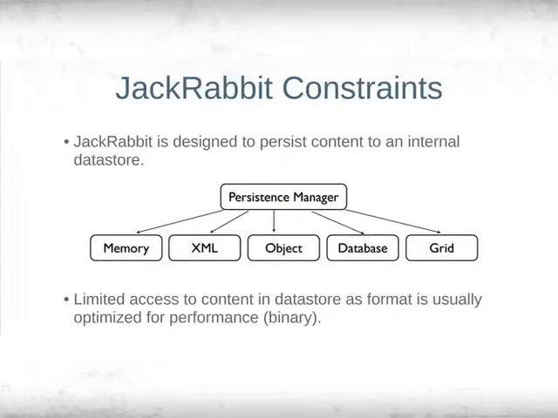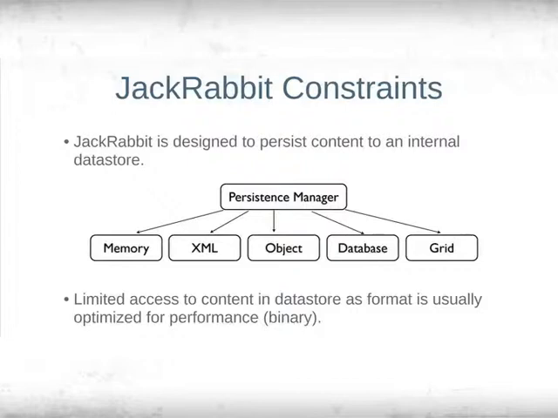Technically, this is what's causing this problem. The design of JackRabbit as a JCR implementation uses what's called a persistence manager, for which you have different implementations. You can have one of these per workspace within the repository, but still the idea is that you're storing stuff in this repository. And if you want to access it, you come in through the JCR API. You can sometimes get to data outside as well.